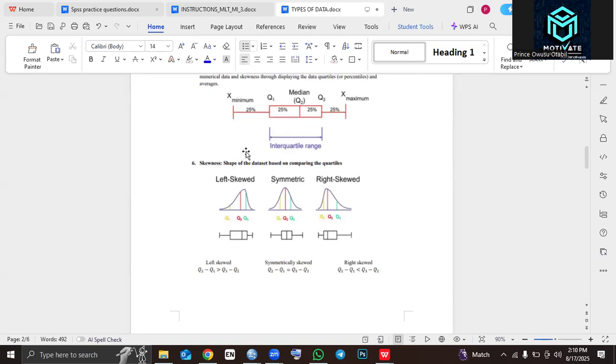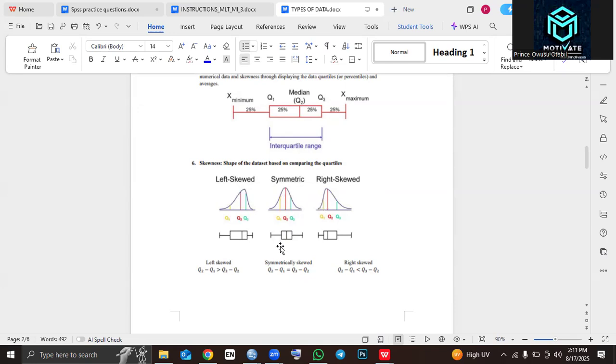Then we have this here also that shows the skewness of data. You look at the tail of the plot. If the tail is pointing this way, then it is right skewed. If it is pointing this way, then it is left skewed. But if it is like this, then it is symmetrical.